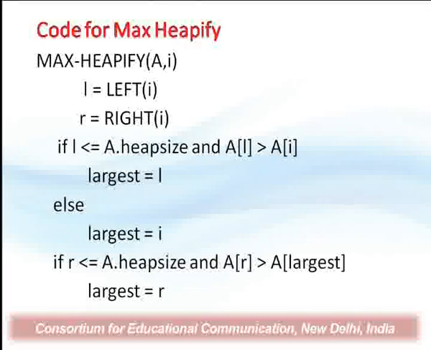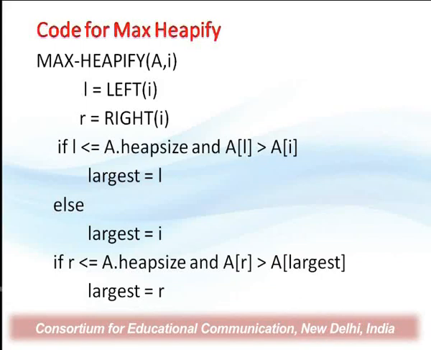So now let us take a look at the code of the max heapify function. So now we want to max heapify. In this max heapify function or code, we need to pass two parameters. One is the array A and another one is the index I, which we need to heapify.